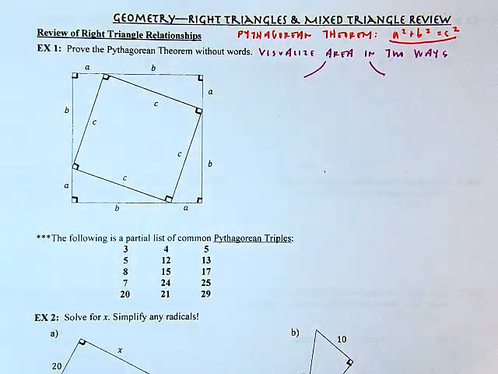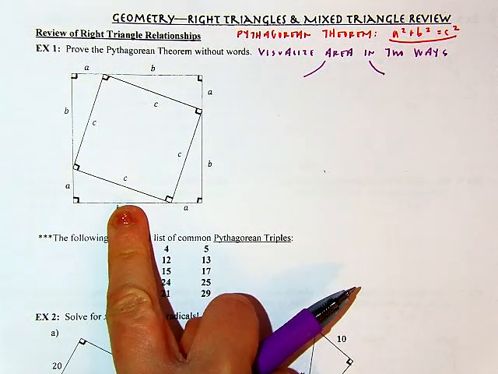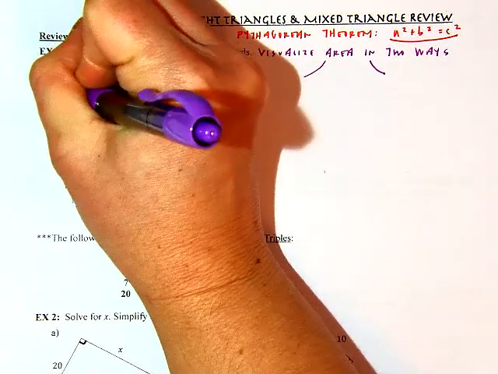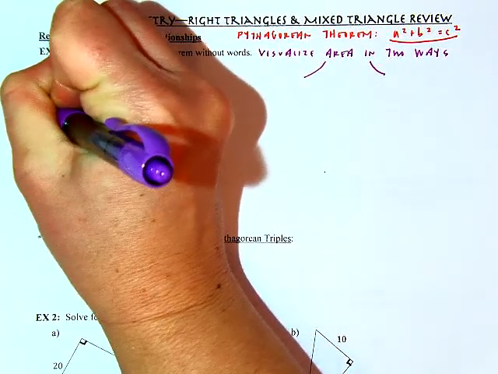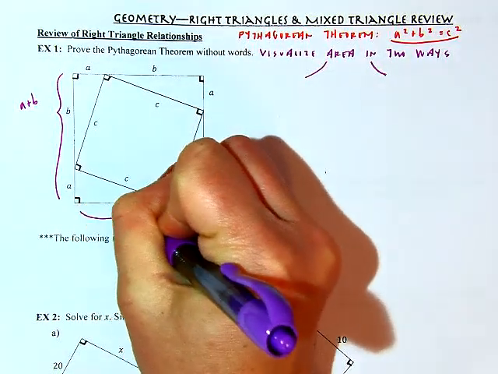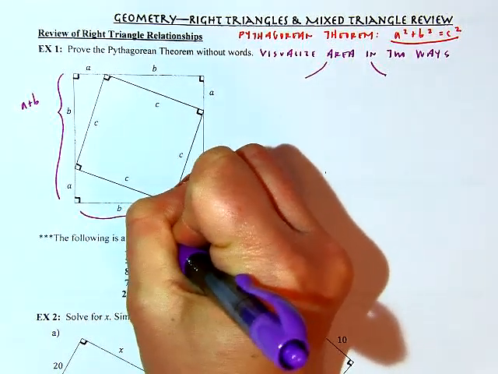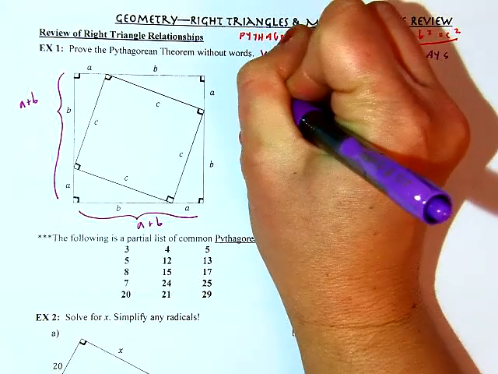So the first way we're going to visualize it is looking at this whole square. I can see that this side is a plus b, and then this side is the same, a plus b. If you wrote it as b plus a, no problem, it is the same thing. So I can visualize it as the area of a square.